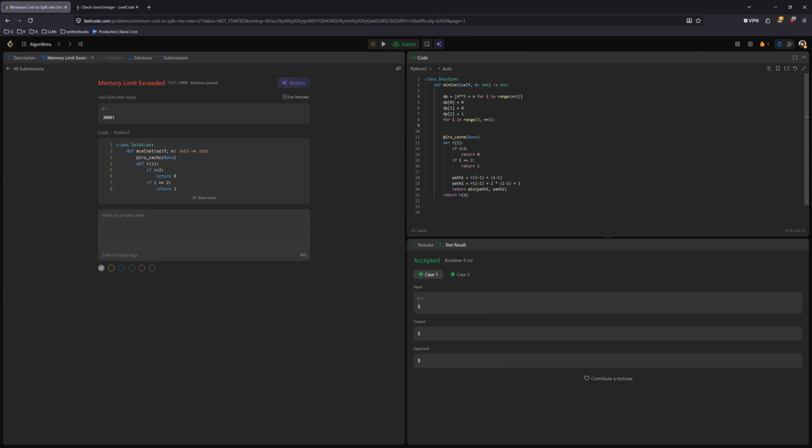And the two choices that we are going to have, dp of I equals minimum of dp of I minus 1 plus I minus 1, comma, and then dp of I minus 2 plus 2 times I minus 2 plus 1.